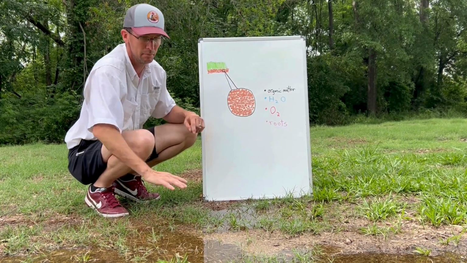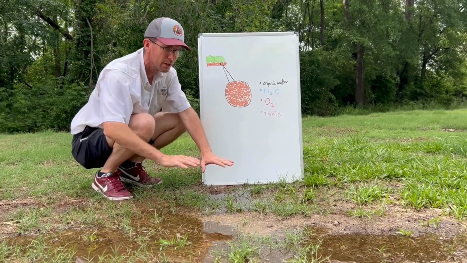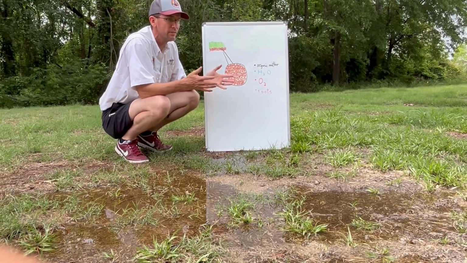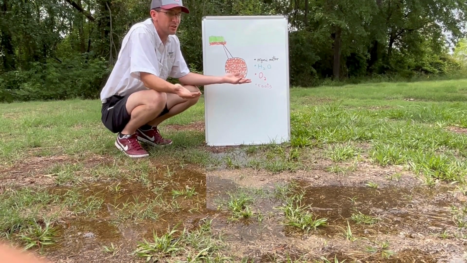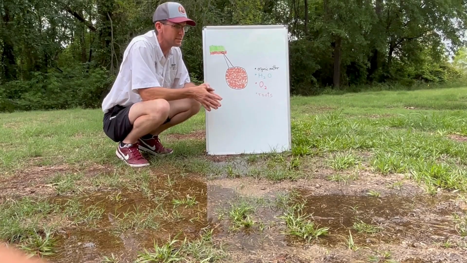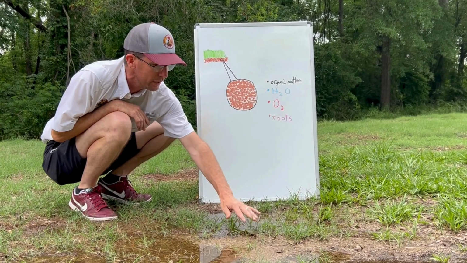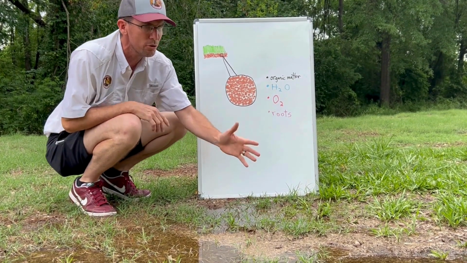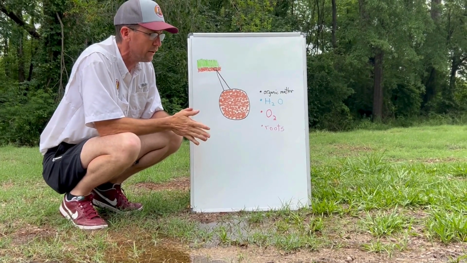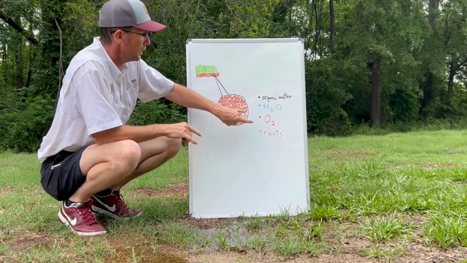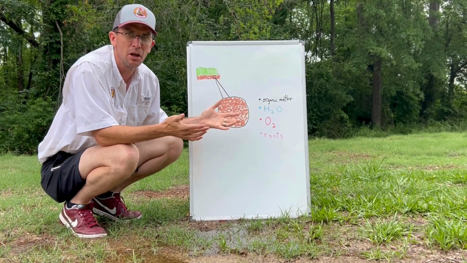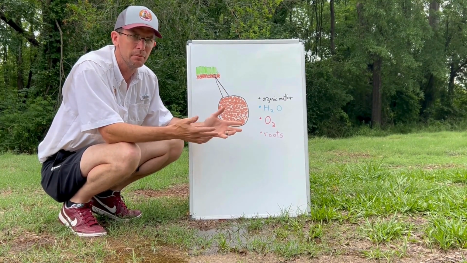Over time, an area like this that holds water, especially at a time of year when the grass is already under stress, is going to kill the grass, and your grass is not going to survive there. Some grasses can survive better than others. Bermuda grass and carpet grass are the two that survive better than anything else. But in general, nothing loves to have wet feet all the time.